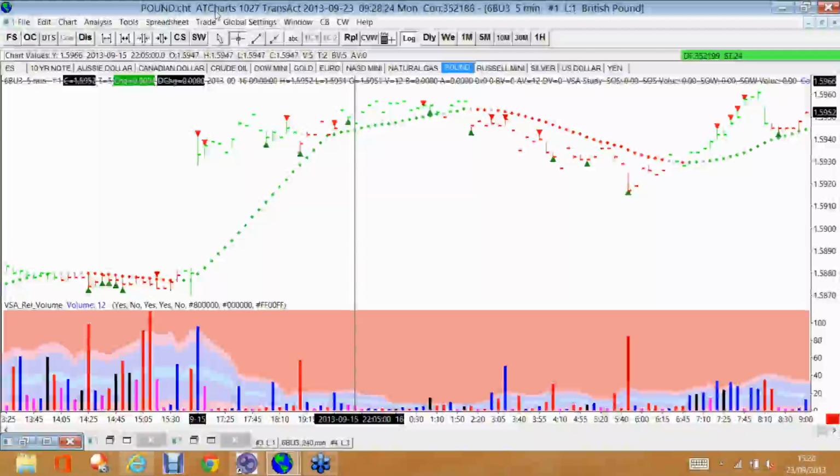The Japanese yen. Would you believe it? We were looking at that earlier. 6J. Yeah, here it is. That is a sequence right here. There's your supply. There's no demand. There was the upthrust. Okay, so that was a short sequence. And we know we've got that weakness in the background. So that's a potential setup now if we see no demand.